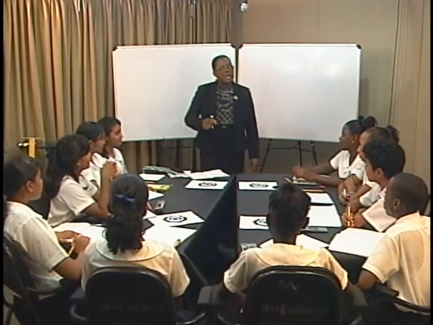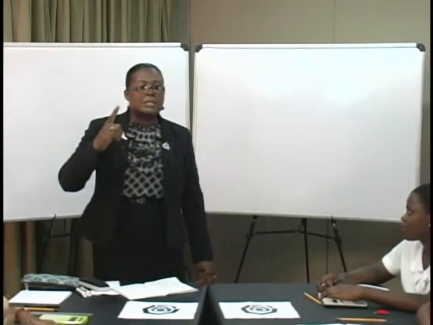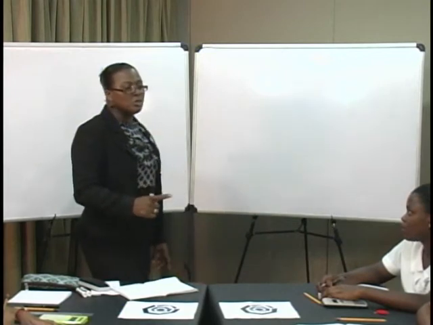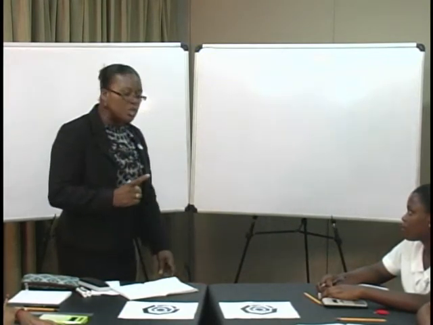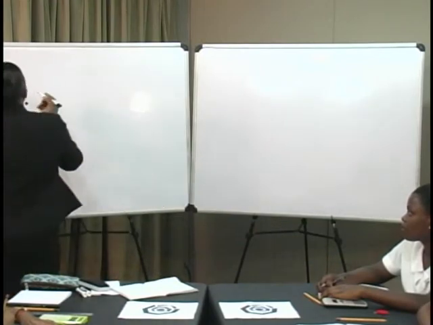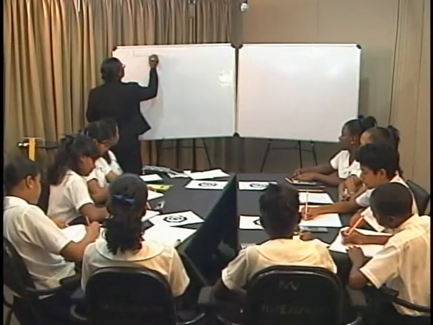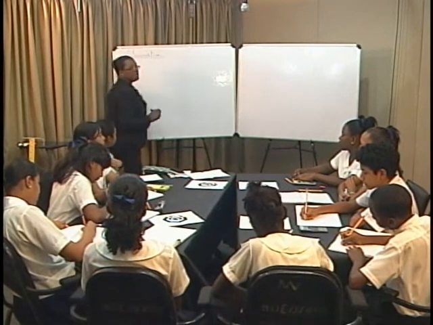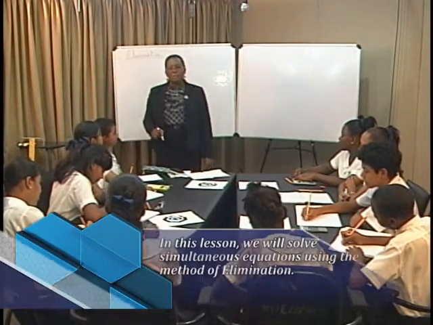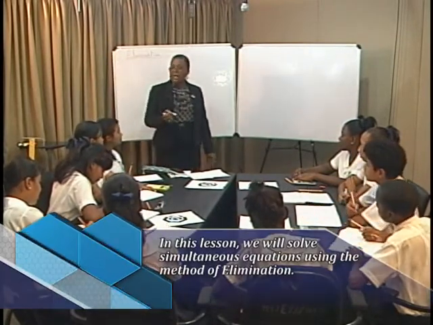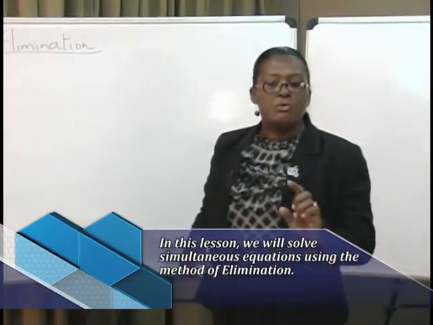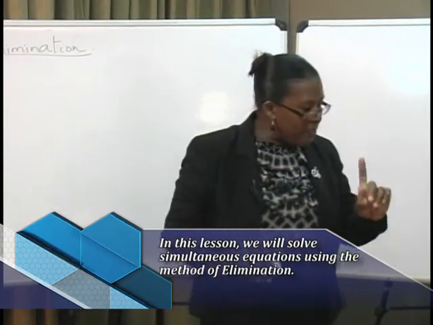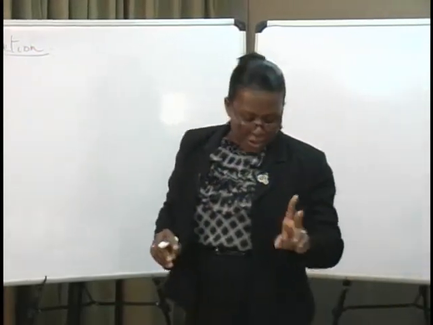Okay? Now, we looked at solving simultaneous equations using the method of substitution. Now let's conquer it again using the method of elimination. Now we have the word elimination. Before we find out how we're going to use it in solving simultaneous equations, let me read for you what it is defined as in the Webster's Dictionary.